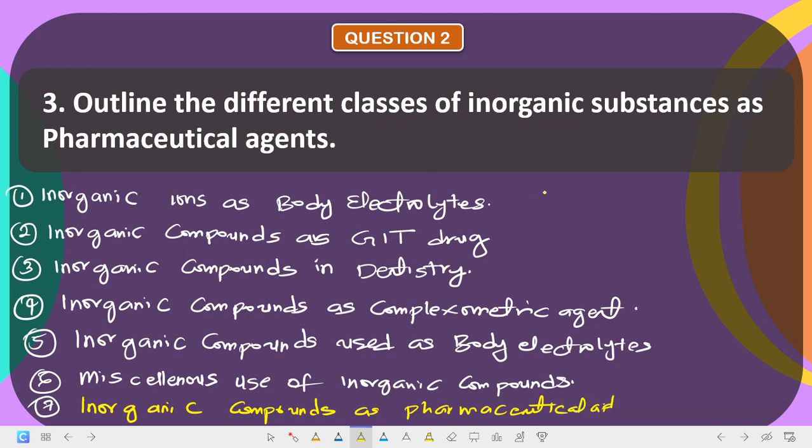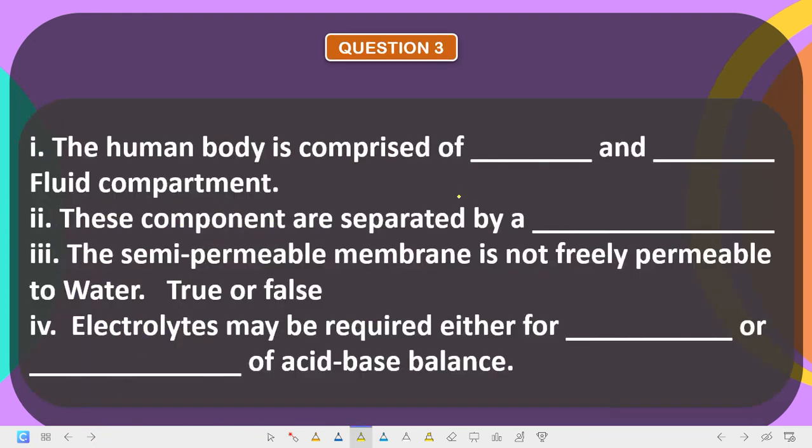Now we are going to give an example of each of these as time progresses. Number 2, the human body is comprised of dash and dash fluid compartments. Of course, we know the human body is comprised of the extracellular and intracellular fluid compartments.